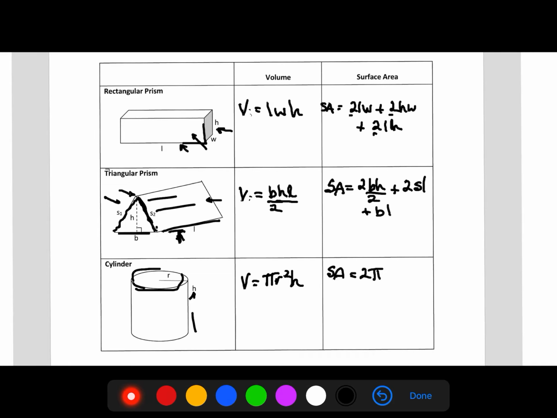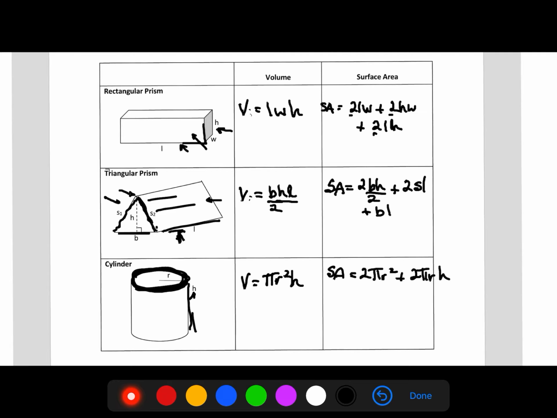For surface area, we know that we need our two circles, our top and our bottom circles, so we're going to have 2 pi r squared. And then we need the side area. When we unfurl this, that would just be the circumference of this circle, which is now going to be the width of the sides if we pulled it out, making it flat.